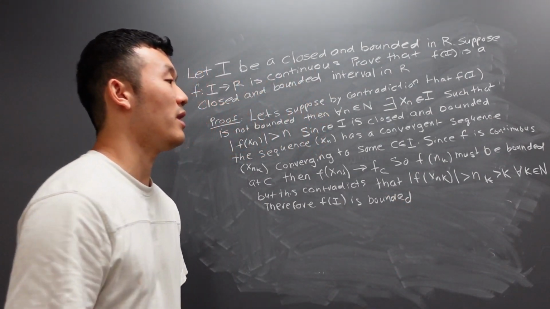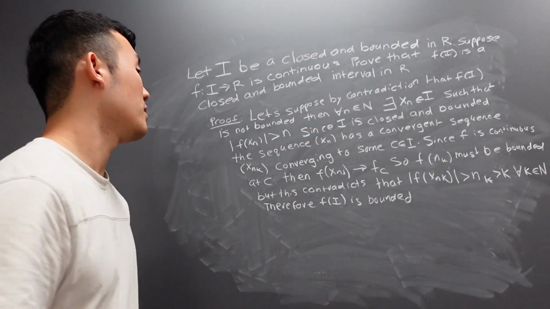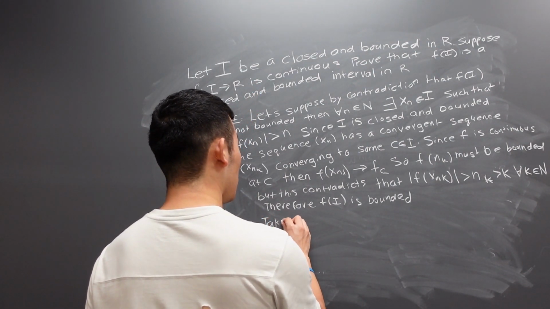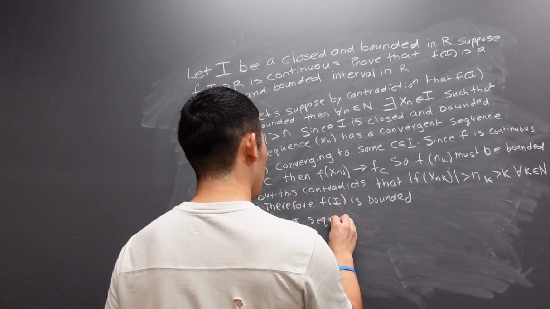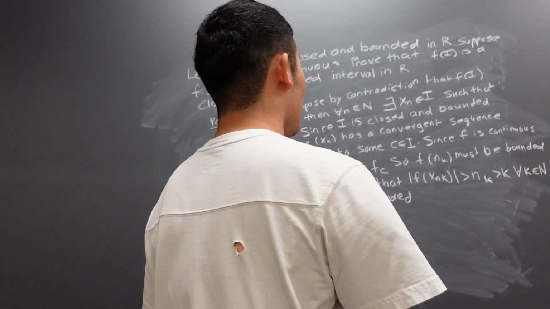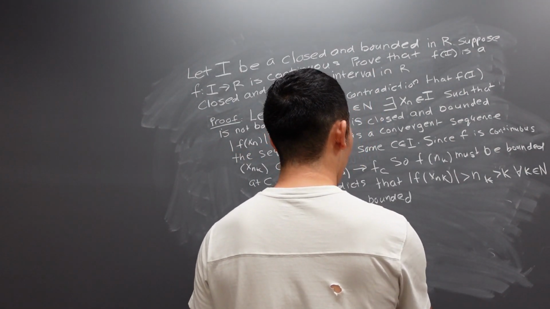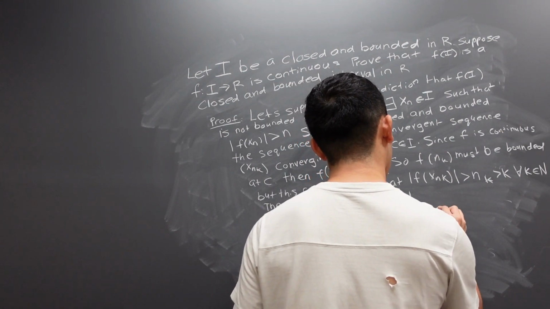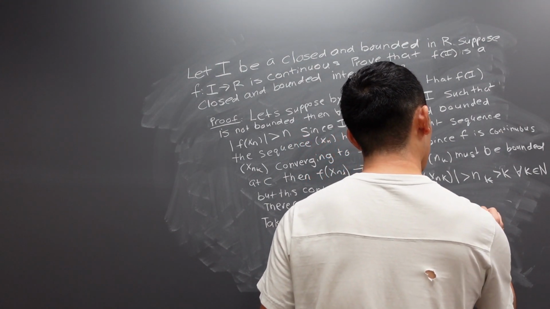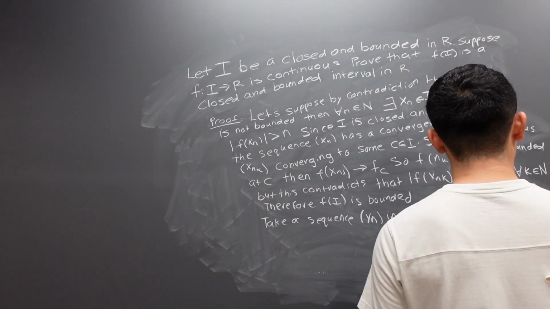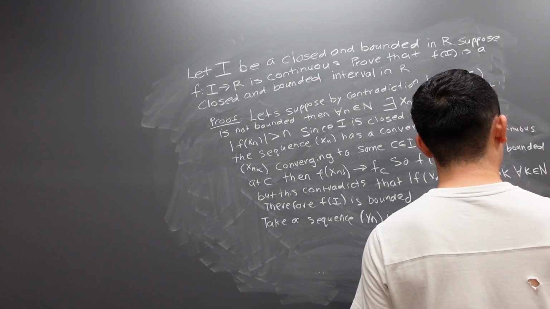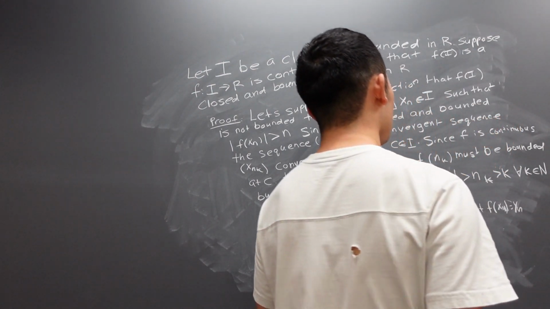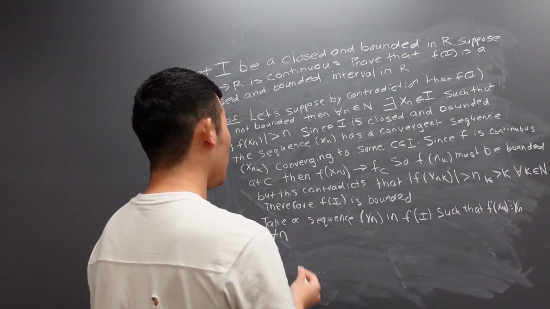But we also need to show that f of I is closed in this case. Let's take a sequence yn in f of I such that f of xn is equal to yn for all n.